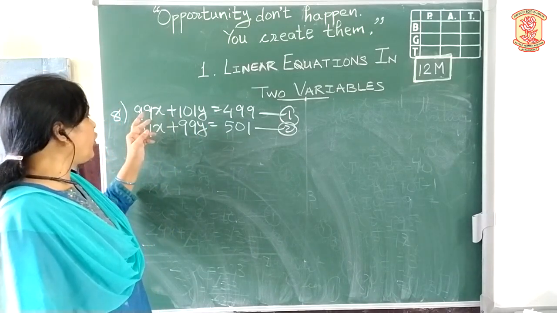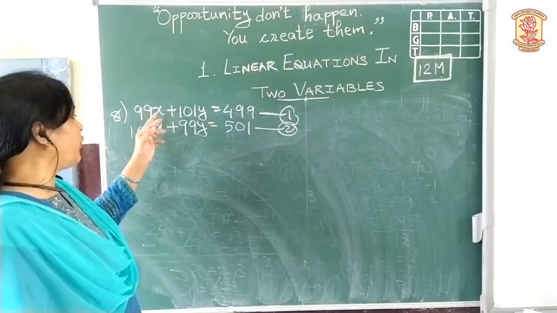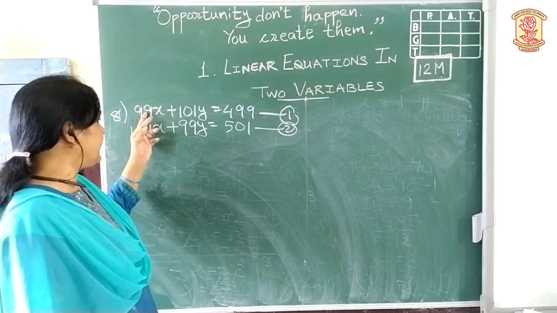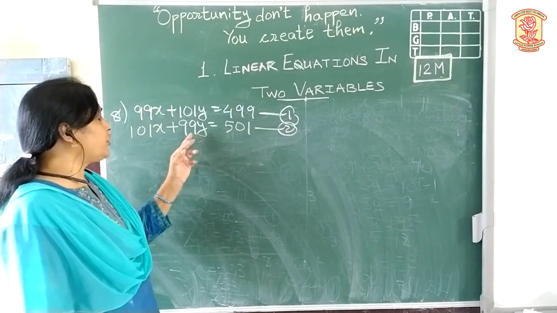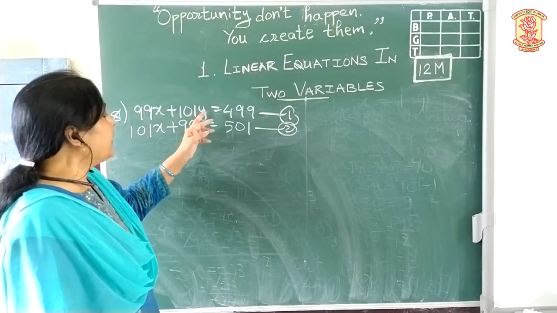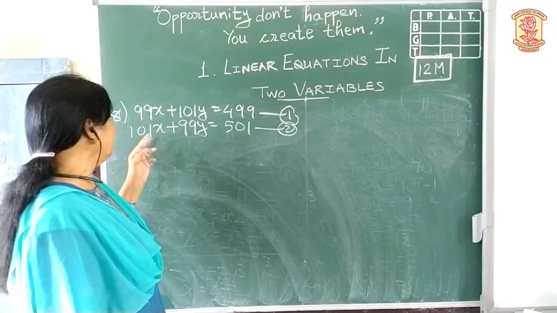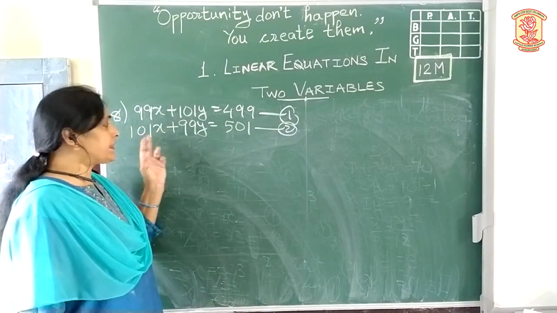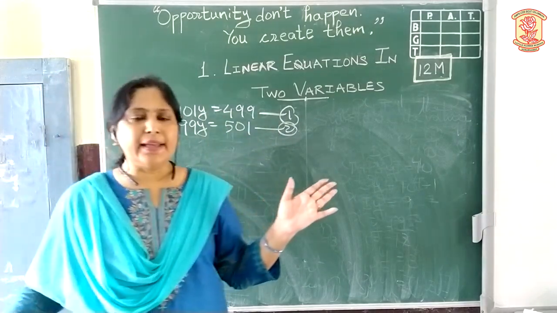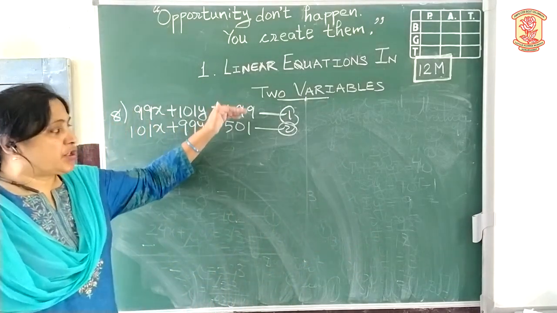The coefficient of the variable x in the first equation is the coefficient of variable y in the second. In the same way, the coefficient of the variable y in the first is the coefficient of the variable x in the second. That is, the coefficients of the variables are interchanged in equations 1 and 2.